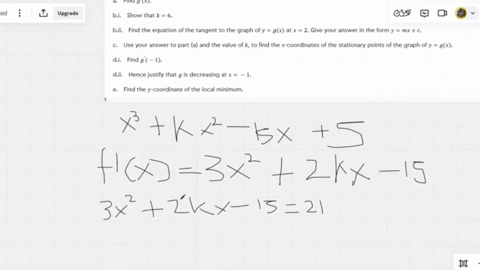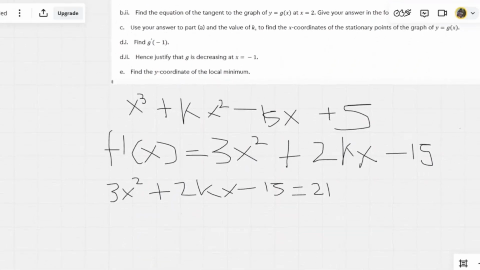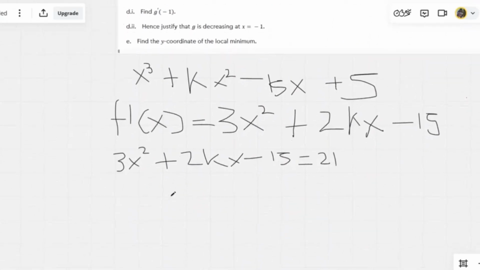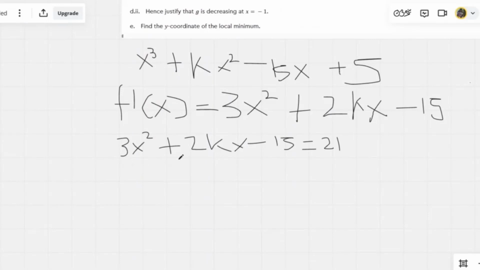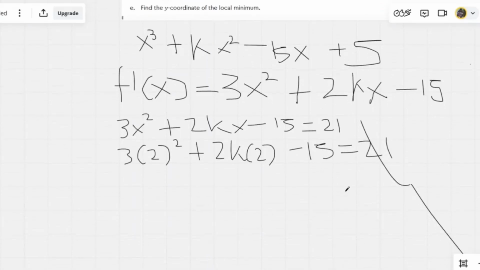So we substitute 2 to find k. So 21 plus 15 gives us 36.